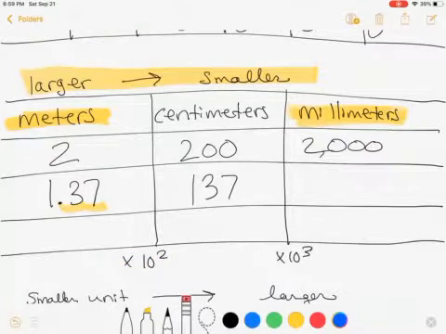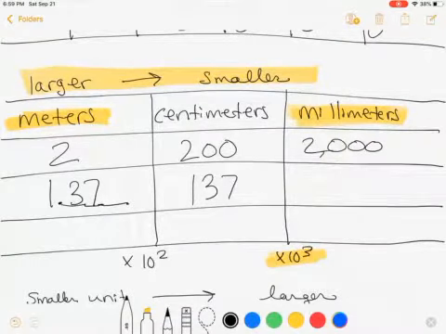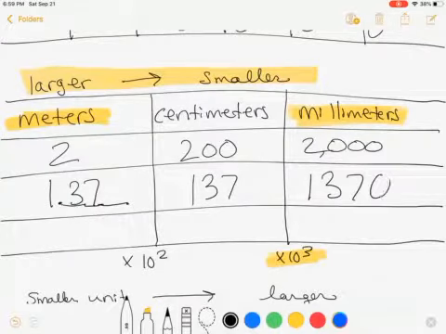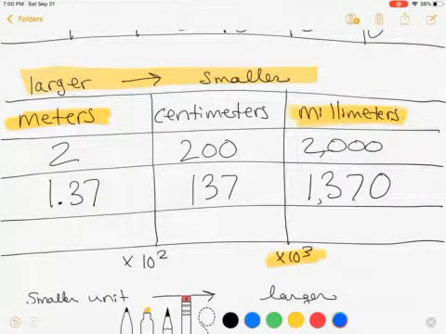Now if we want to go from meters to millimeters, we need to move that decimal 1, 2, 3. So we need to add a 0 for that blank space. And 1 and 37 hundredths meters is the same as 1,370 millimeters.